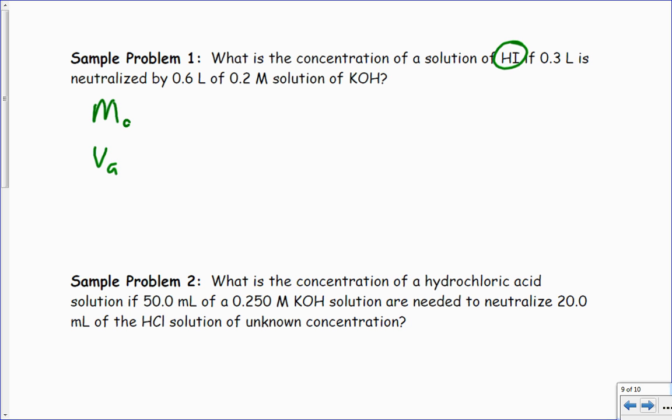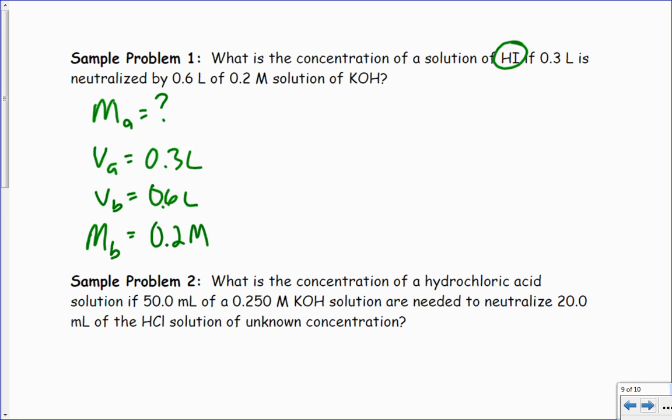It's supposed to be little a. Ma, we don't know. Va is 0.3 liters. And I have a Vb of 0.6 liters and a concentration of base equaling 0.2 molar.